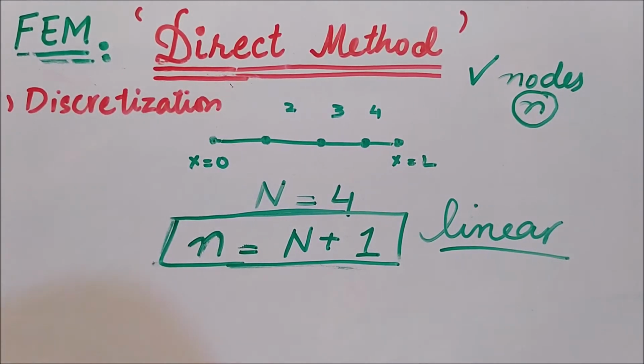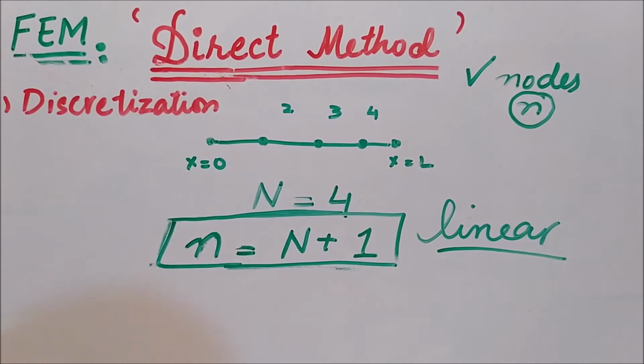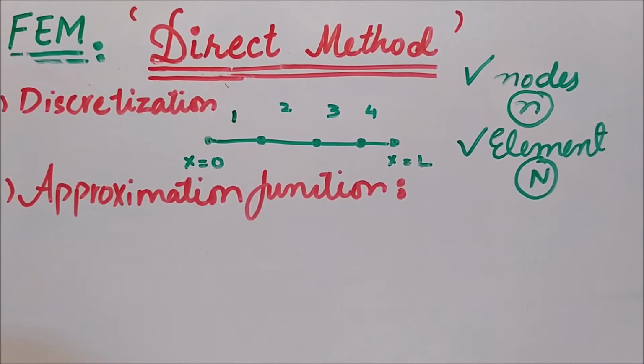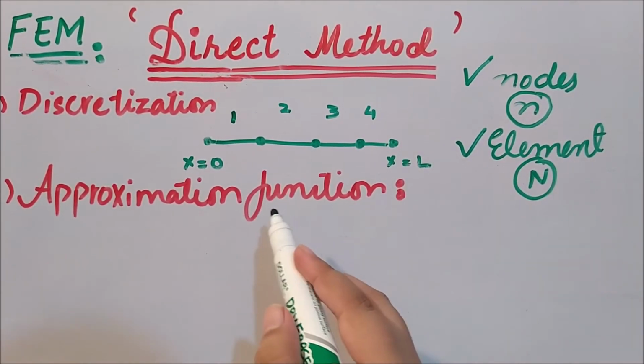The next step is the approximation of the function. Approximation function is also known as interpolation function, and these functions are actually defined in terms of the primary variable. Why am I saying the words primary variable here? Because we haven't defined the variable so far.